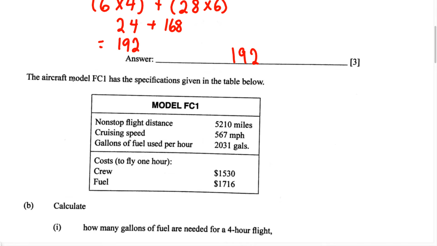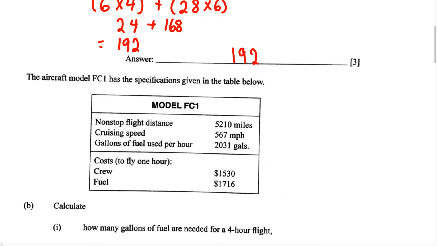Now it says the aircraft model FC1 has the specifications given in the table below. So we must be able to read the data inside of a table and understand it. So the model, which is the FC1, now they have non-stop flight distance is going to be 5,210 miles. Then they have a cruising speed of 567 miles per hour.